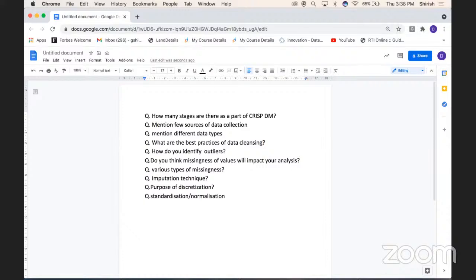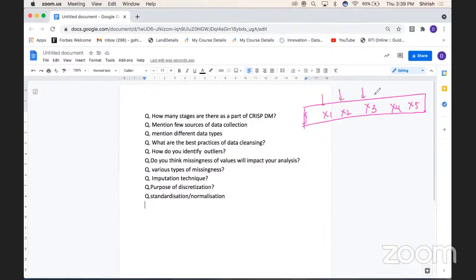Right? So what is that? Standardization and normalization. So definitely when you are checking your data, you have all the variables, and different units are there.